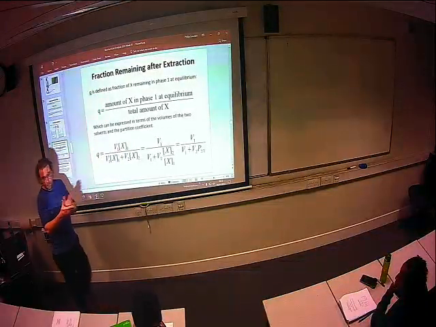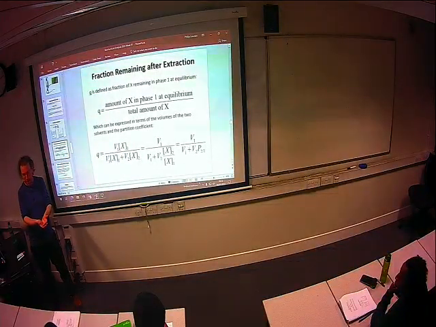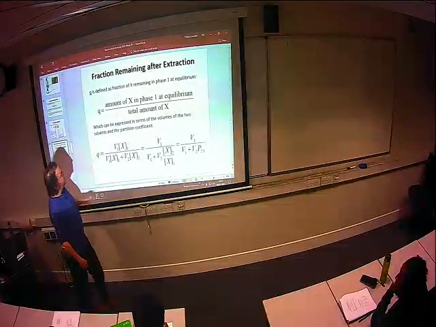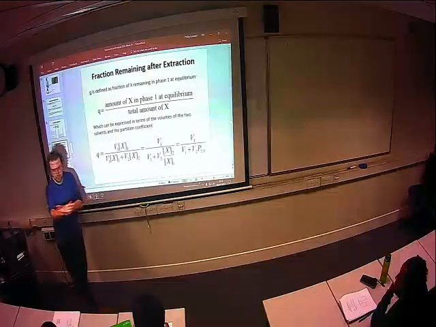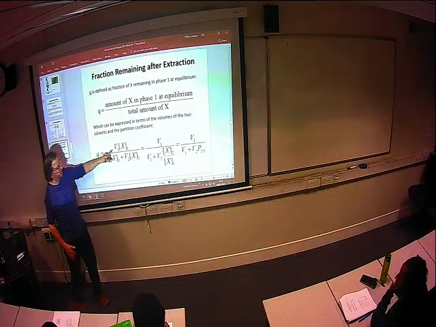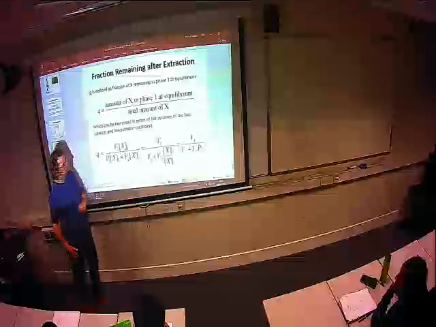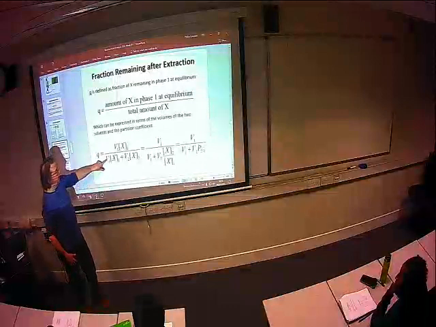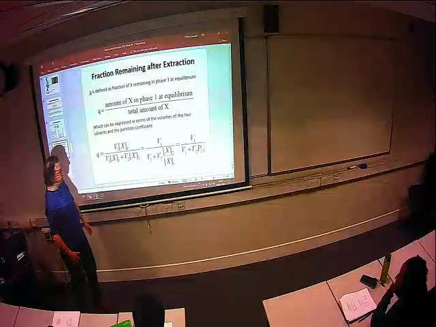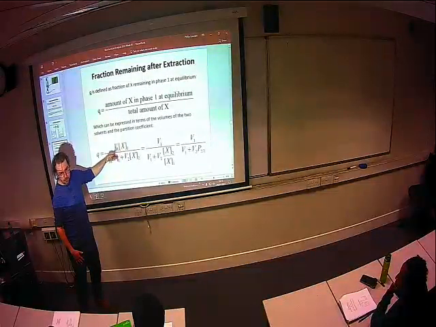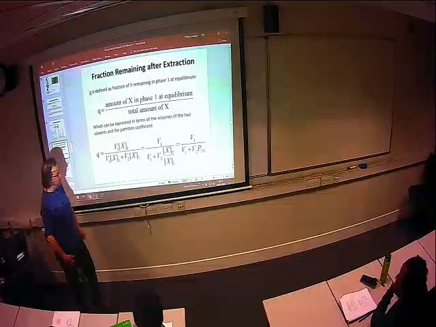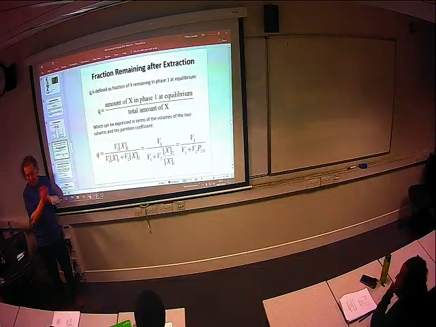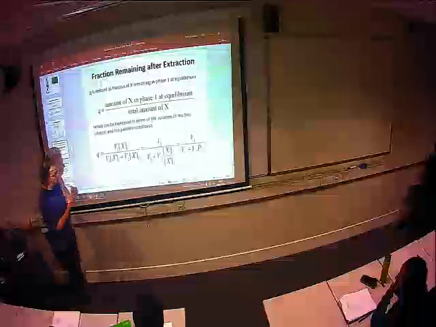If you multiply those together, that tells you how much of it is there, either in grams or in numbers of moles. The amount in the original liquid, phase 1, is the volume of that liquid times the concentration present there. The total amount is that term, plus the amount of material in liquid 2, which is the volume of the second liquid times the concentration present.